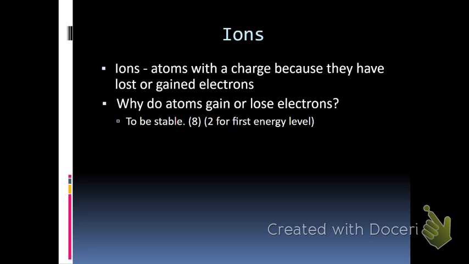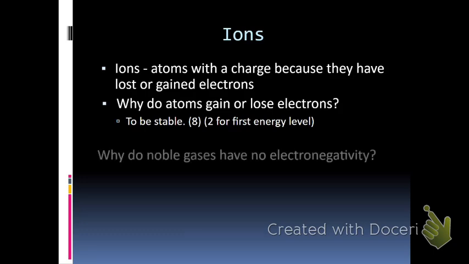So noble gases, who have 8 valence electrons, or 2 for helium, which is considered full, don't react. They're pretty stable because they have a full energy level. Why don't noble gases have any electronegativity?